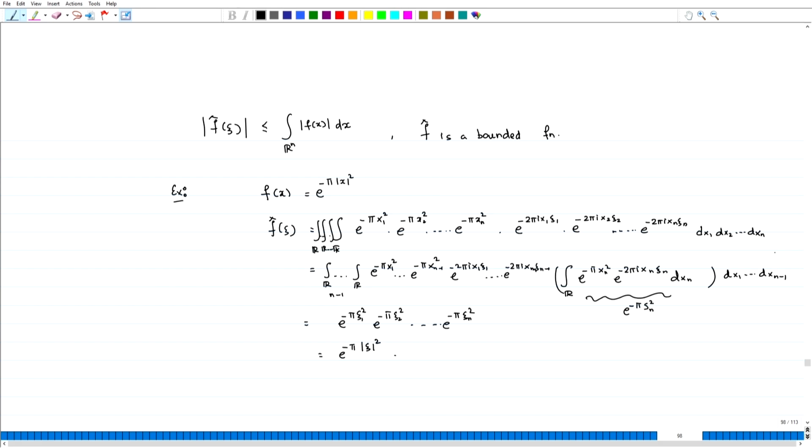So, the Fourier transform of the Gaussian is again a Gaussian. Okay. There are several important properties of the Fourier transform.